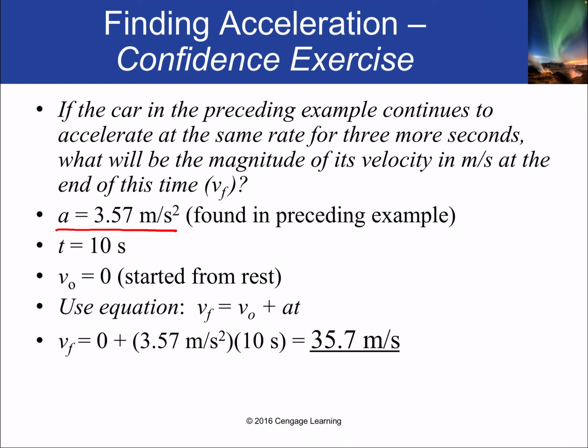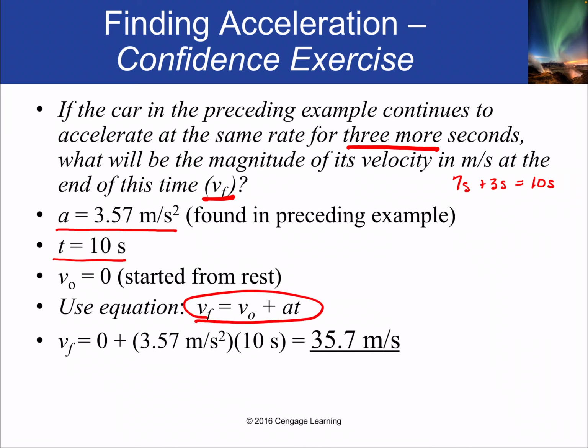We're adding 3 more seconds. So remember, initially we had 7 seconds plus 3 seconds. It's going to give us a total time of 10 seconds. That's where I get this from. We started from rest. So they're asking you what is going to be basically the final velocity.